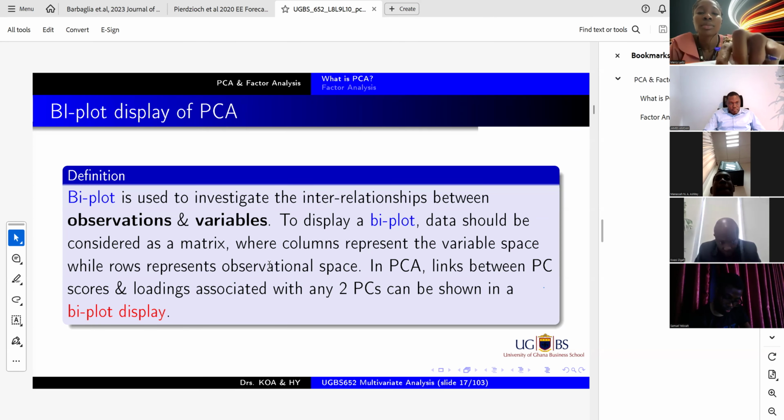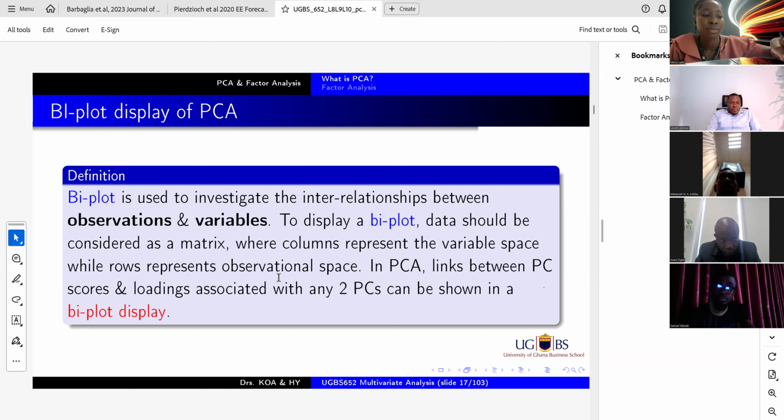Just say it. Bi comes from 2. So how many principal components do you think are needed to create the biplot? Two. Okay, so you need 2 principal components.